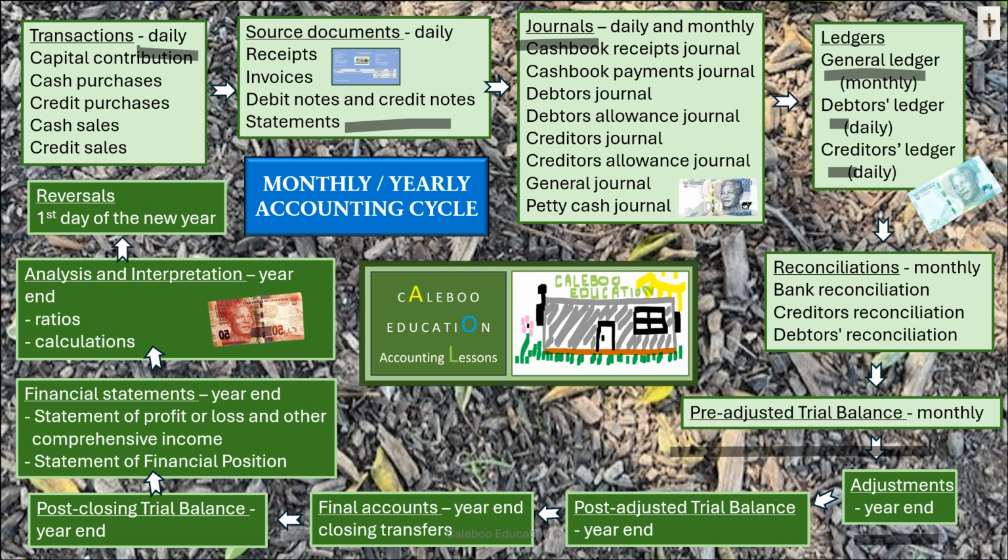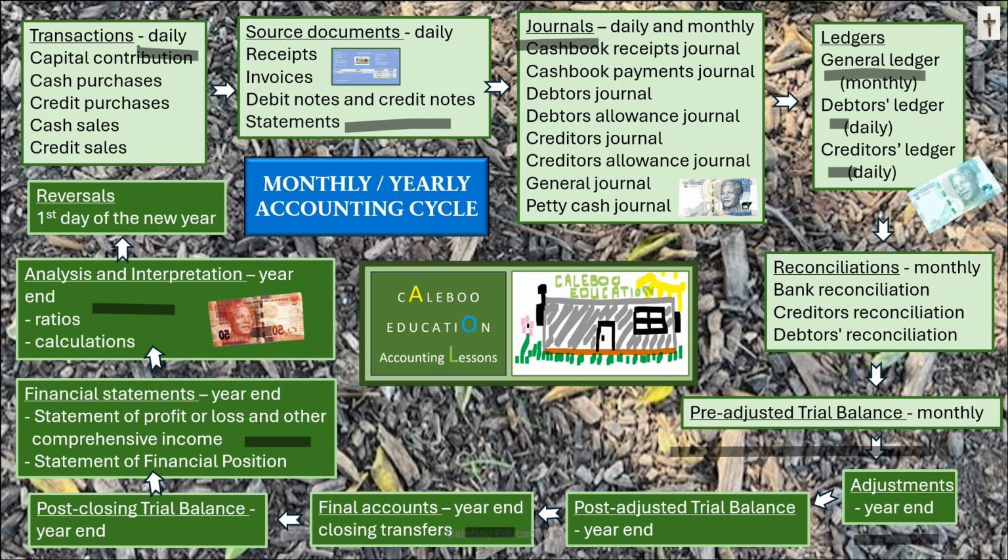Adjustments are done, final accounts, closing transfers, then financial statements are drawn up. Then you can do a little bit of analysis and interpretation. But the purpose of this video is to demonstrate or illustrate what the bookkeeper does on a monthly basis.